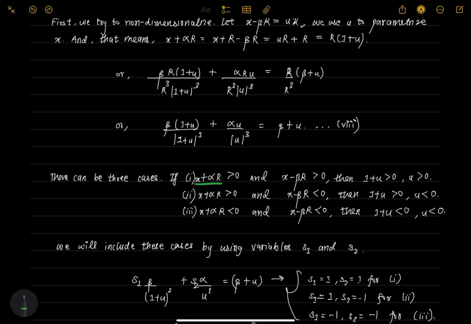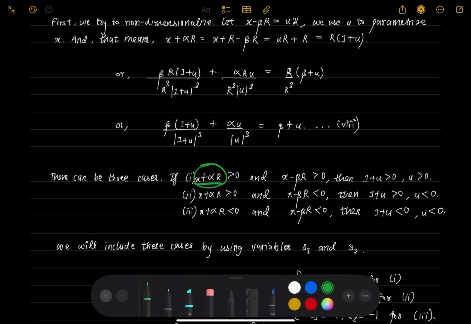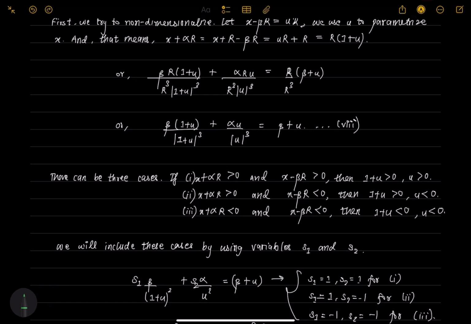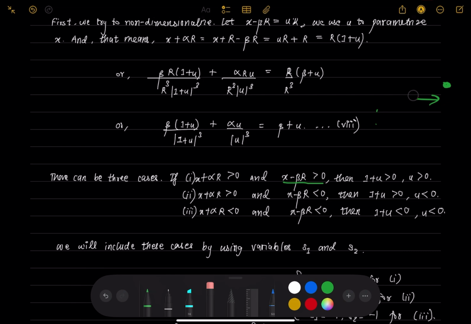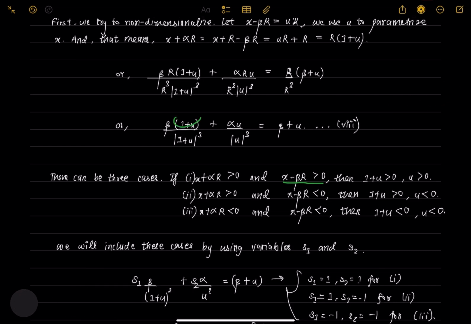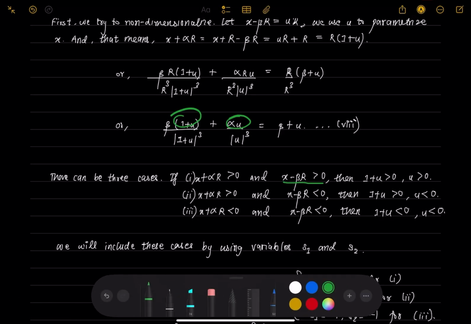If x plus alpha r, that is the point that we're considering in the xy plane, is greater than 0, and x minus beta r is also greater than 0. That is, we're considering points that are very, very rightwards. If we're considering that particular region where everything is positive, then both of these are positive.